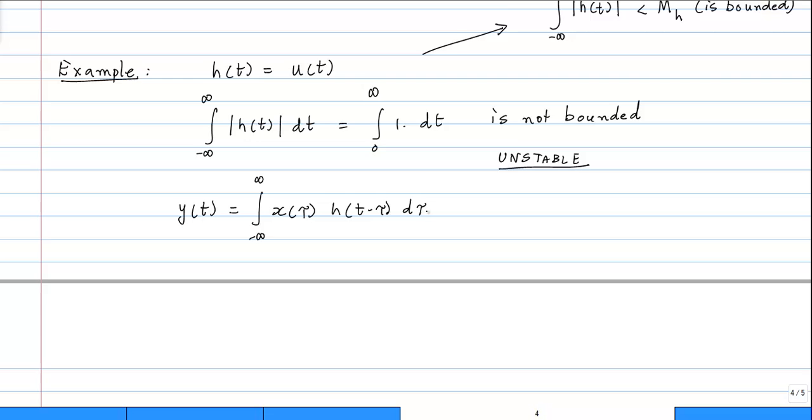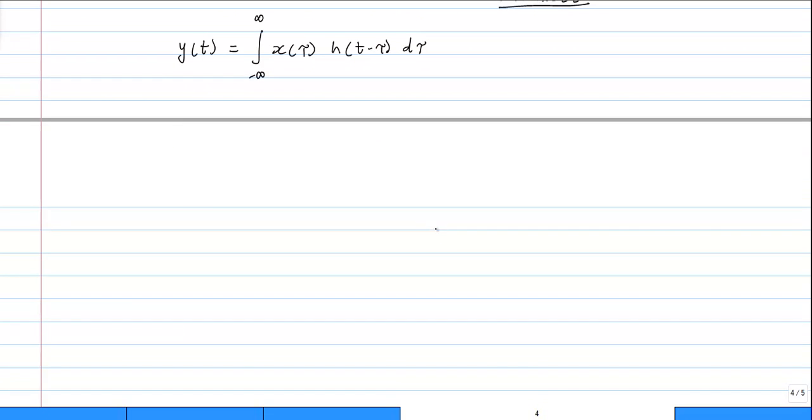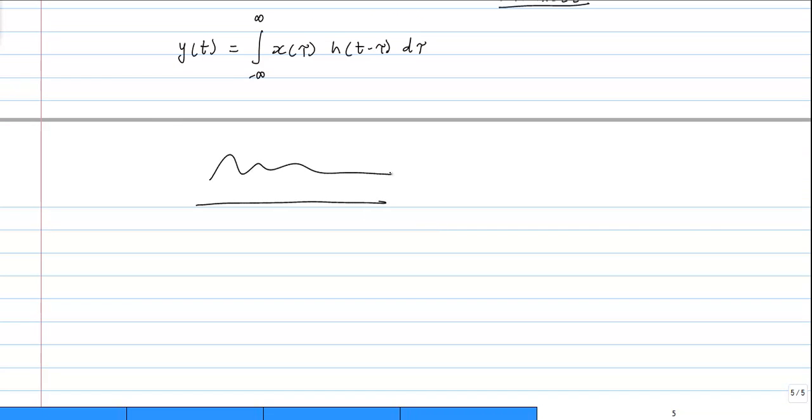Or equivalently, let's just graphically think of a signal. Let's say I have some signal x of tau, and my h of tau is the unit step function. So what is h of minus tau? H of minus tau is a flip of this, and so this is h of minus tau, right?